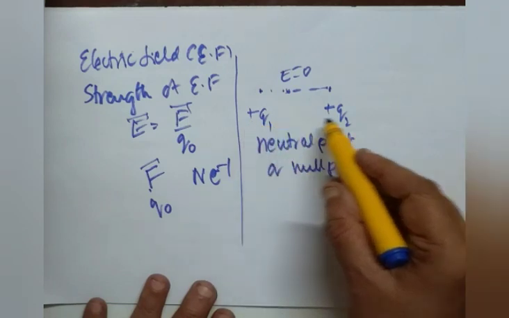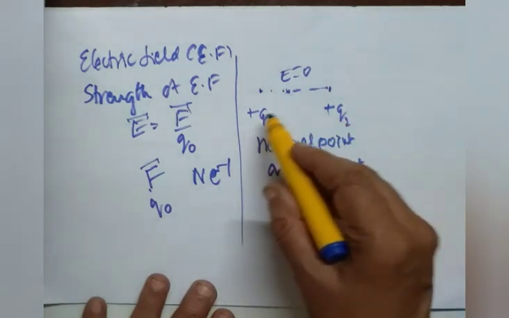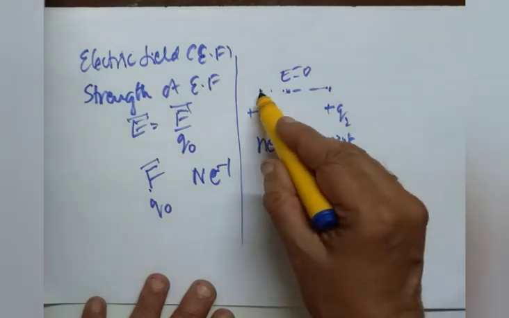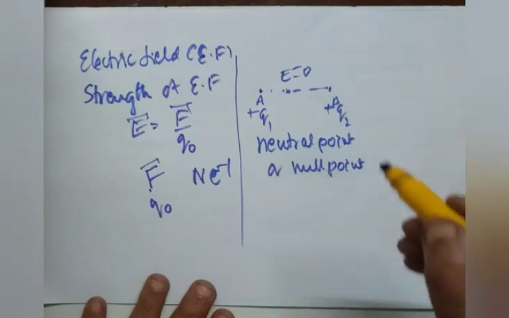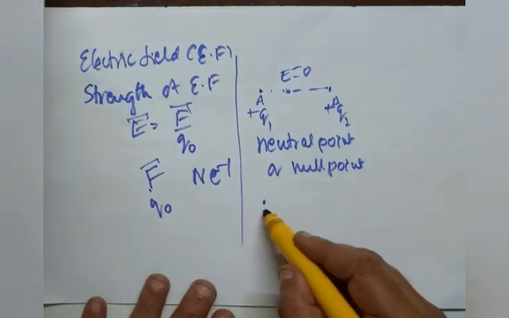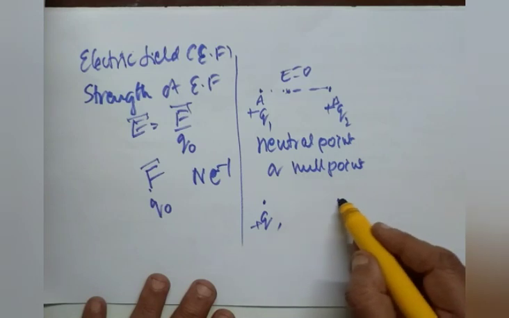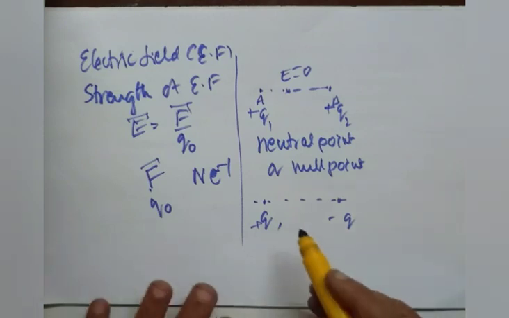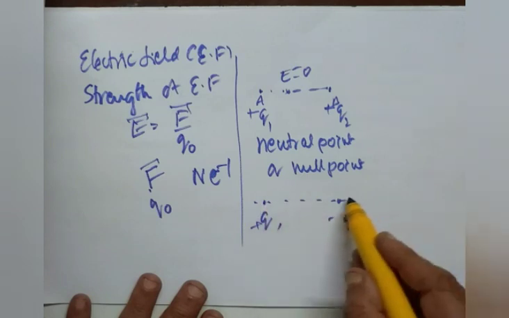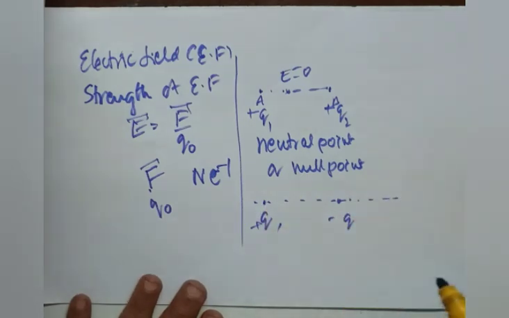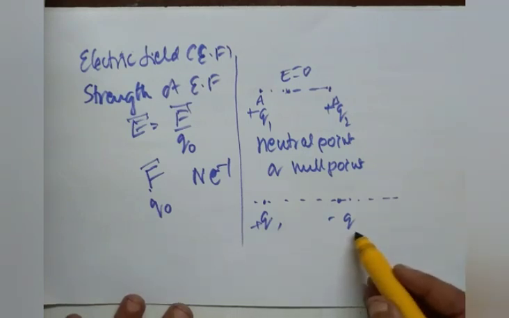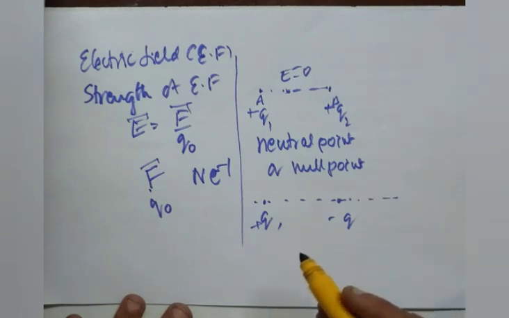Once we have like charges, plus or minus, at two points, the null point lies in between them. But once unlike charges are there, one plus and one minus, then also a null point exists, but it is outside the charges, not between them, on the line joining the charges. In fact, it is nearer to the weaker charge.